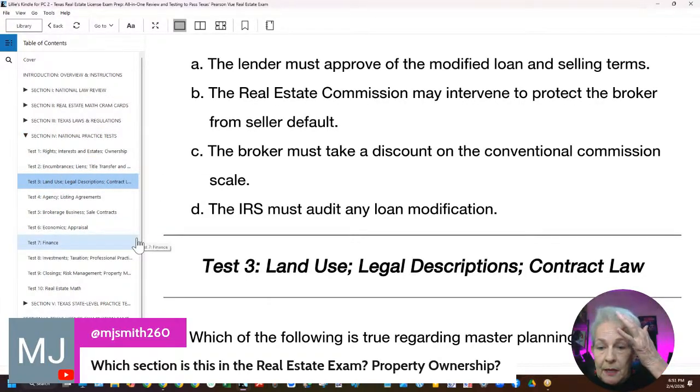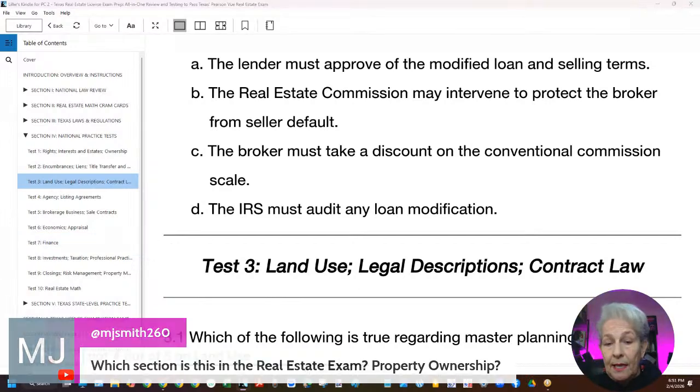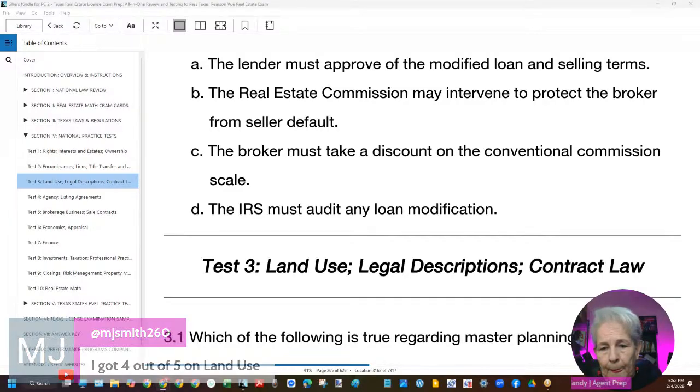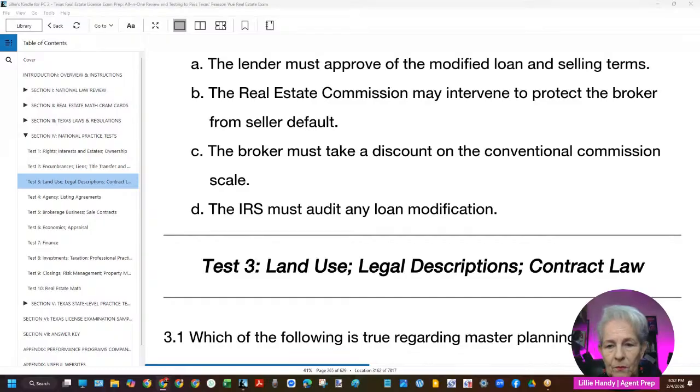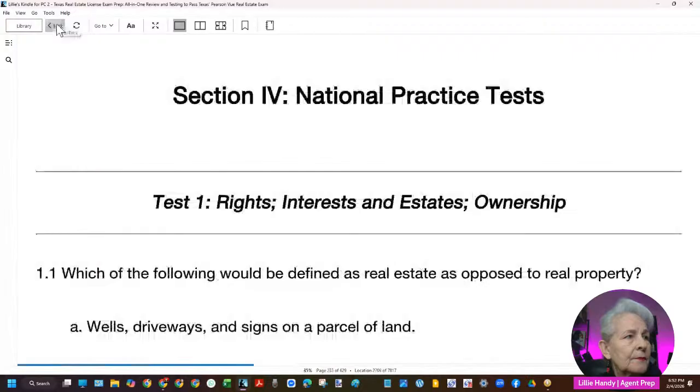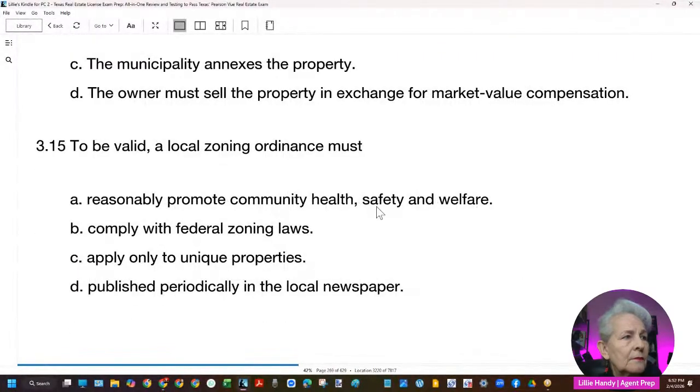I got 4 out of 5 on land use. Oh, okay. So you took your exam already, and you got 4 out of 5 of them correct, or you're talking about right now? There.